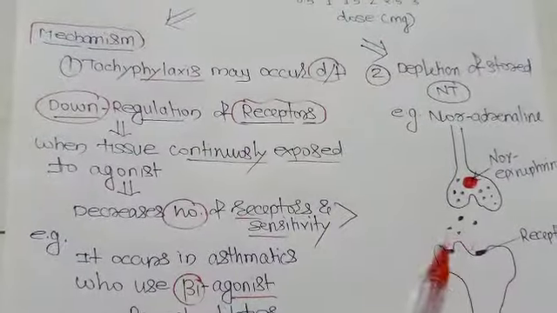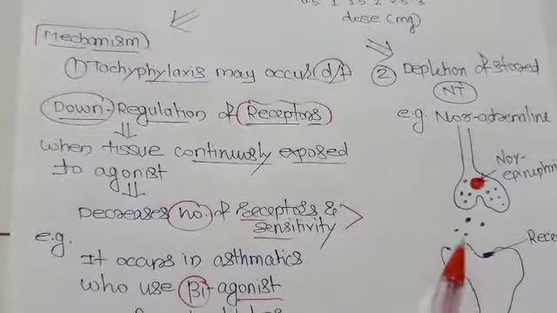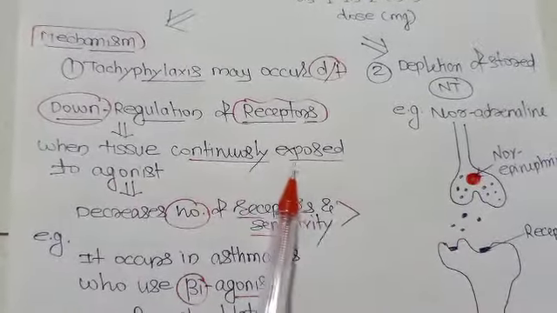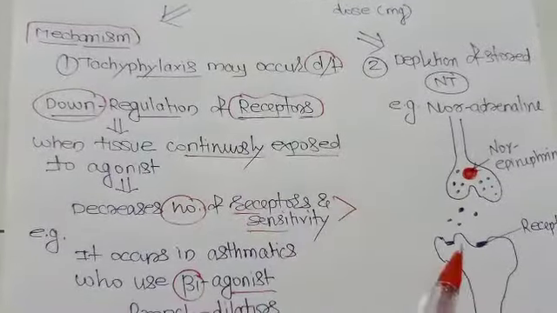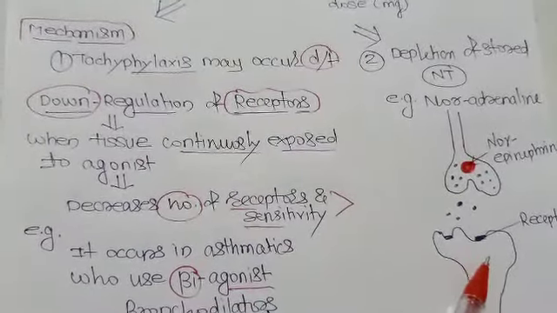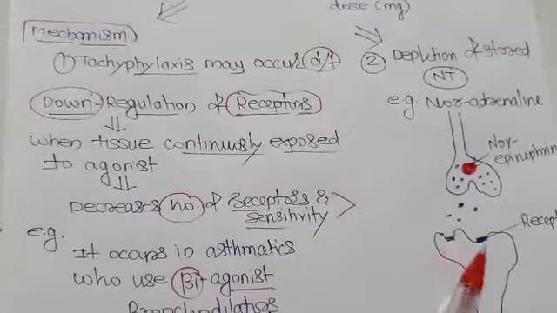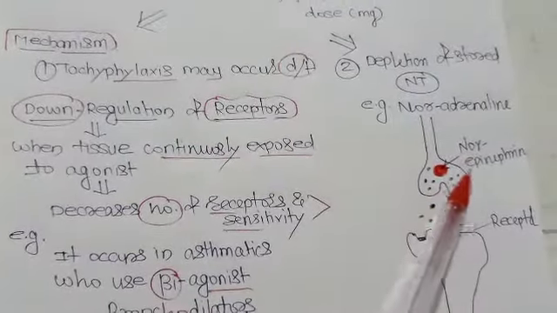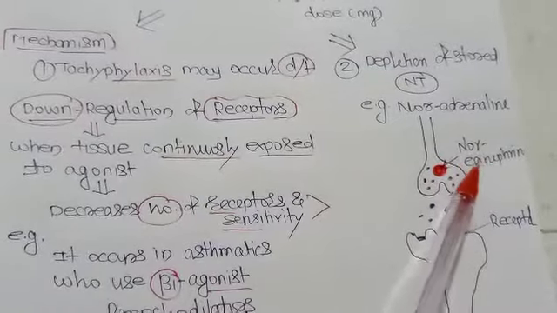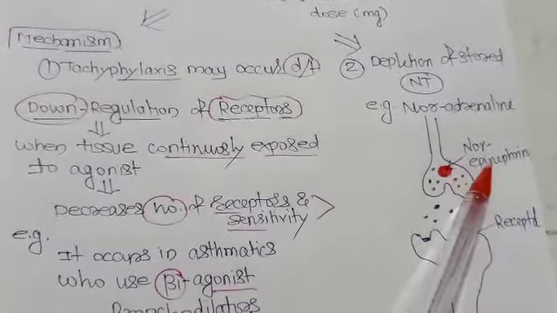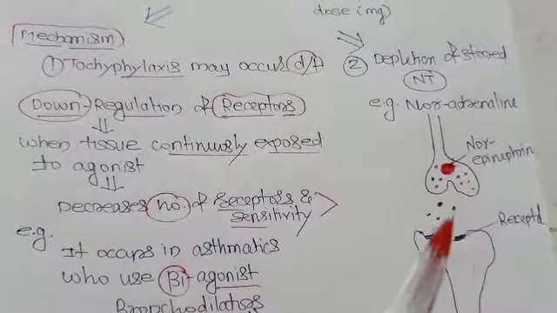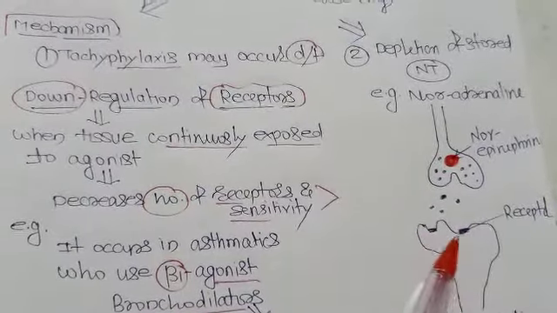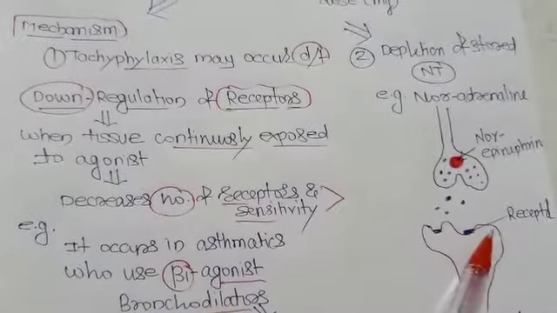What is meant by downregulation of receptors? When a tissue, on which there are receptors, is continuously exposed to the agonist, here norepinephrine or noradrenaline, there is a decrease in the number of receptors and in the sensitivity of the receptor.